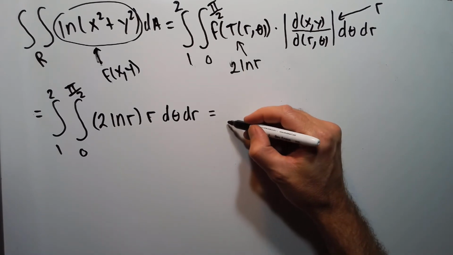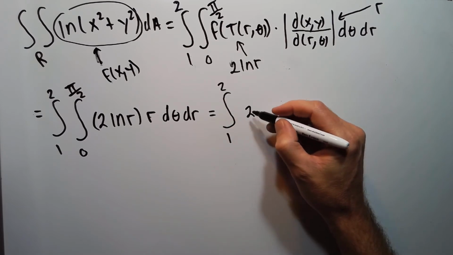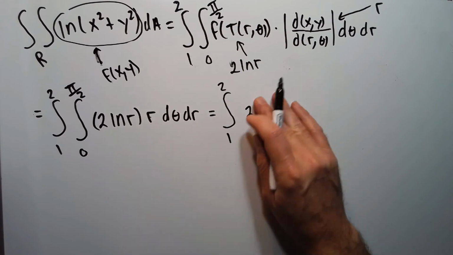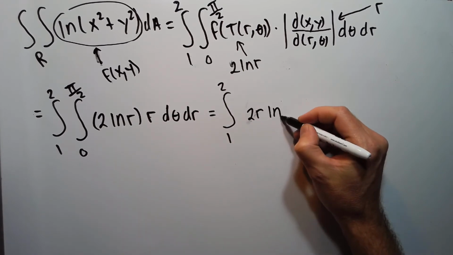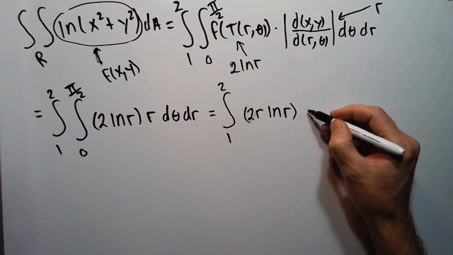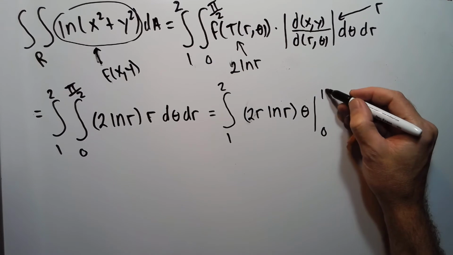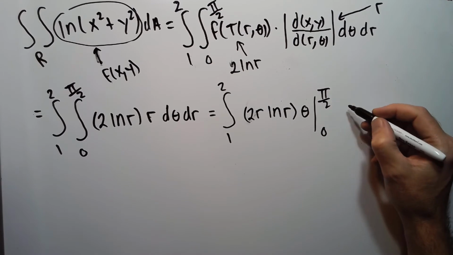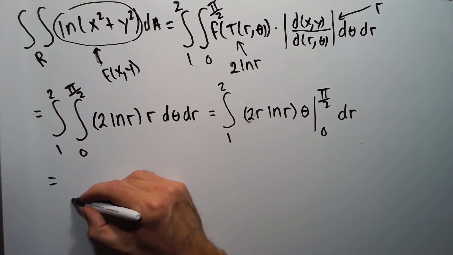It'll be the integral from 1 to 2, actually let's put that 2 with this r here. So it'll be 2 r ln of r theta evaluated at 0 and pi over 2, then dr from 1 to 2.